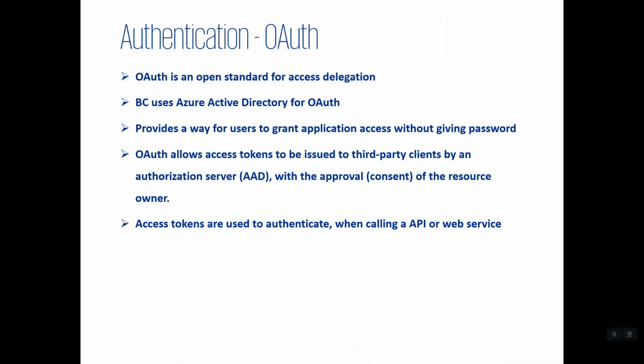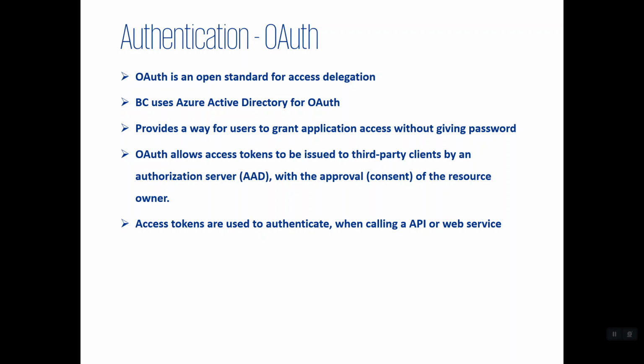Coming back to the next authentication type, which is OAuth authentication, which is an open standard for access delegation. For Business Central, we will use Azure Active Directory for authentication. It means whenever some third-party applications try to integrate with Business Central online versions, they have to get an access token. By using the access token, only then can they interact with the Business Central data.